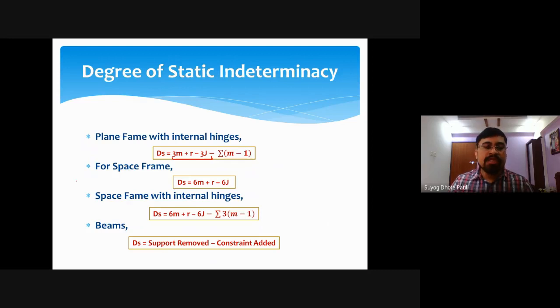Similarly for a space frame, there are 6 unknown forces, so the member is multiplied by 6, plus r minus 6j. For a space frame with internal hinges, again 6m plus r minus 6j and summation of m minus 1, but here the 3 is the three-dimensional coefficient, as discussed already. Otherwise the formula is the same, only here it is 3 and here it is 6.